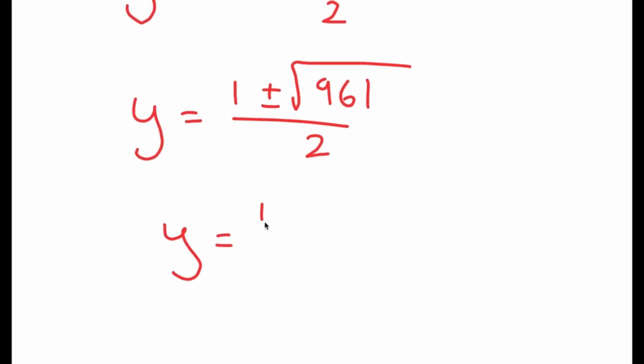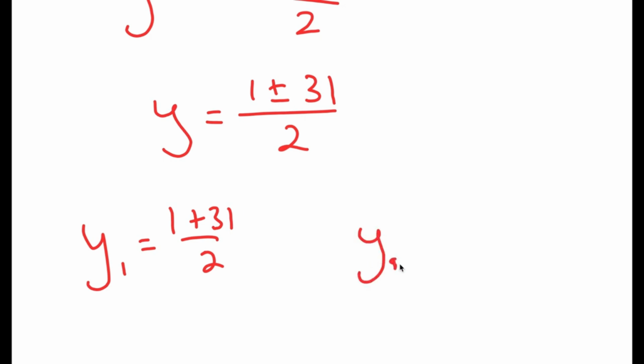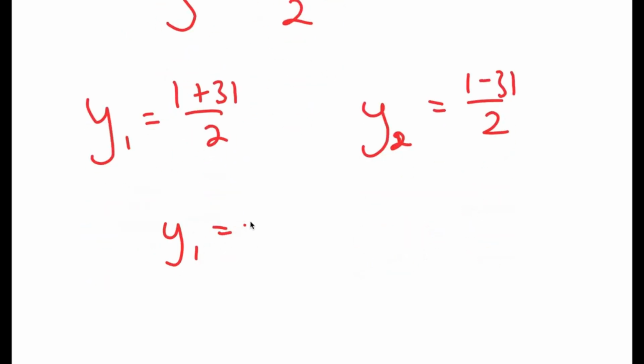So I get y equals 1 plus or minus 31 over 2. And now I have two solutions. I have y equals 1 plus 31 over 2, and y equals 1 minus 31 over 2. So my two solutions are 17 and negative 15.